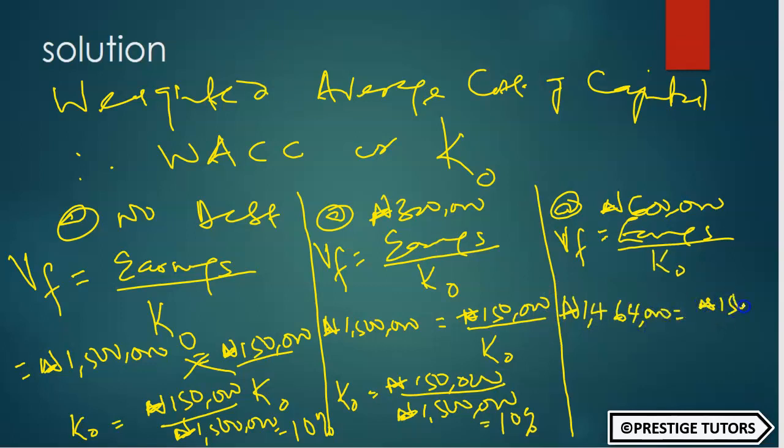Don't forget the same 150,000 over KO, which is what we want to calculate.